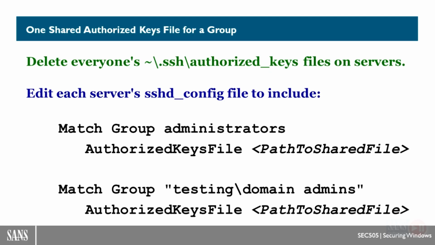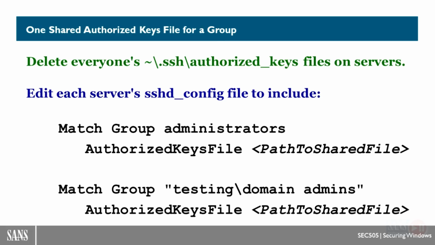So in the sshd config file, that's the main configuration file for the SSH daemon, you can add these lines to the bottom of that text file. Match group administrators. That means when somebody authenticates, they have to be a member of the administrators group, and their public key must be in the centralized authorized keys file.